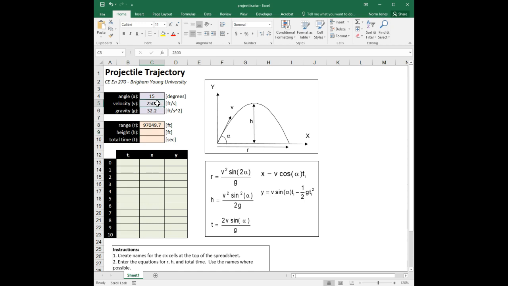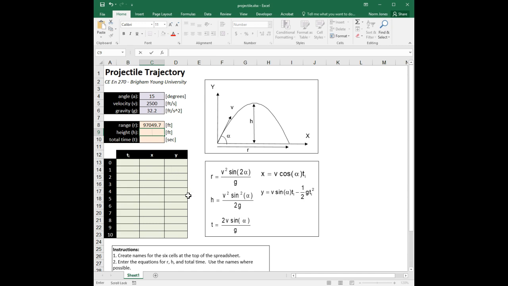You can change this down to a smaller number if you want, but we'll leave our 2,500 feet per second to keep things interesting. The height now would be equal to, and I've got to be careful here. This one has 2G in the denominator, and I need to make sure that 2G is properly divided into the numerator.